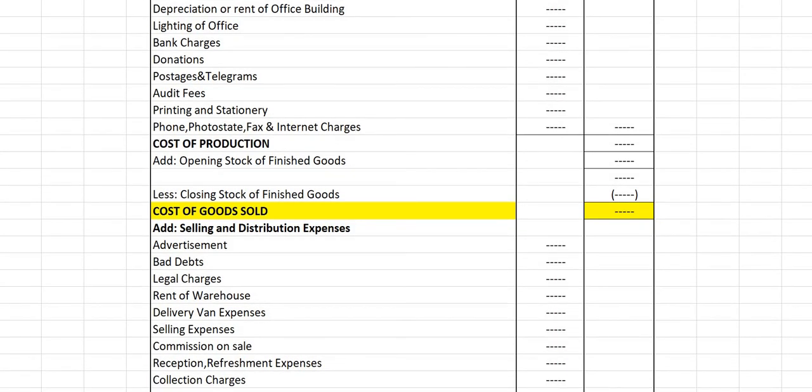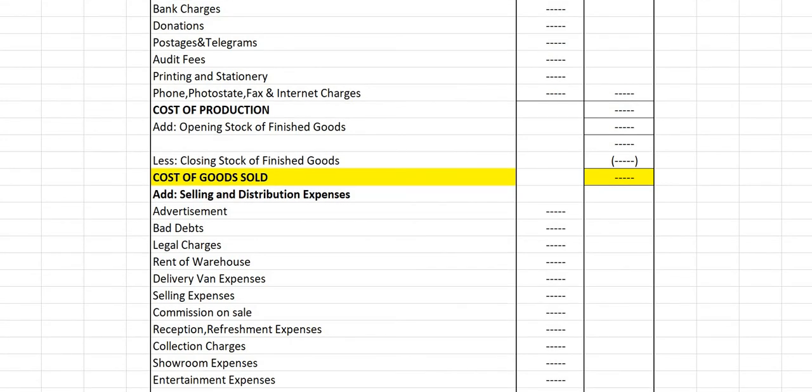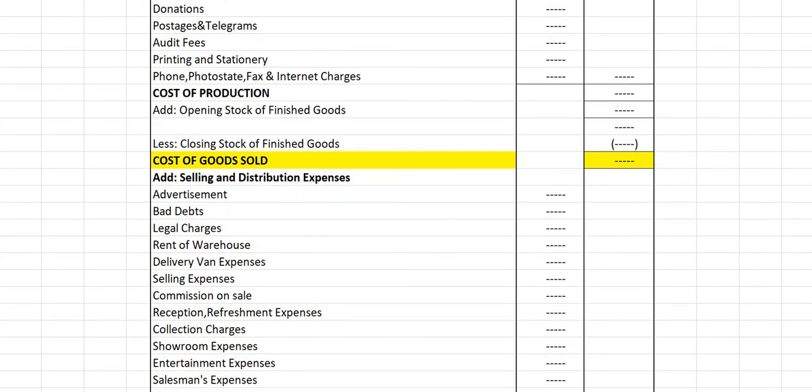Now collection charges. Suppose you have sold the goods to some customer and you have to send some person to collect your amount. That will be your collection charges. If you have a showroom, whatever expenses are incurred in the showroom will be your showroom expenses, because the showroom is open to sell the product. Your entertainment expenses, and if you have put some salesmen, whatever expenses are incurred by the salesmen will be there.